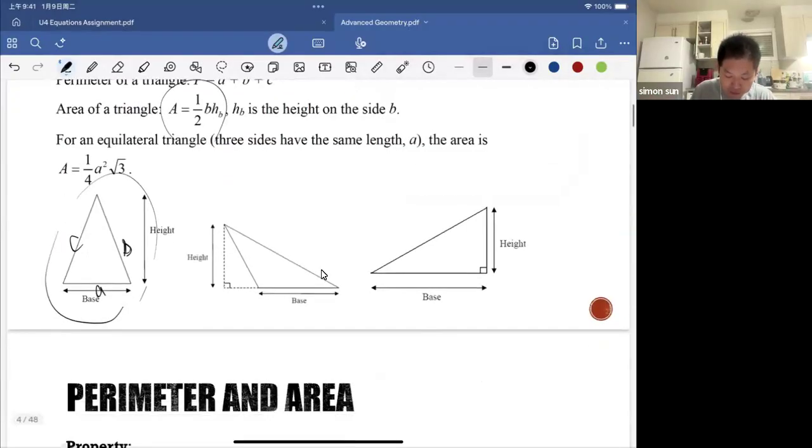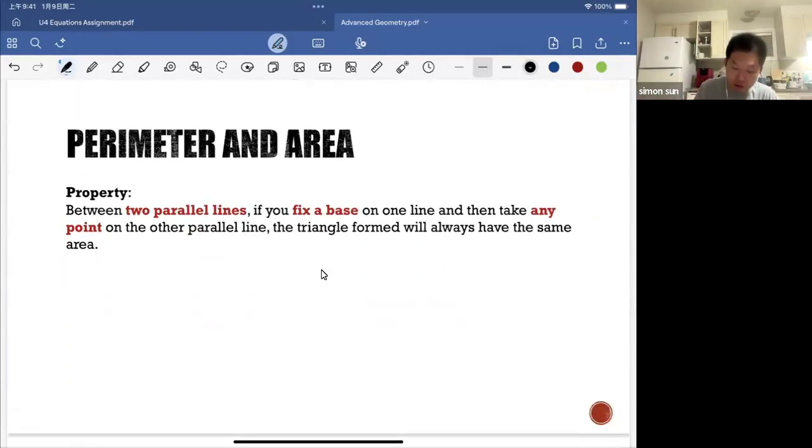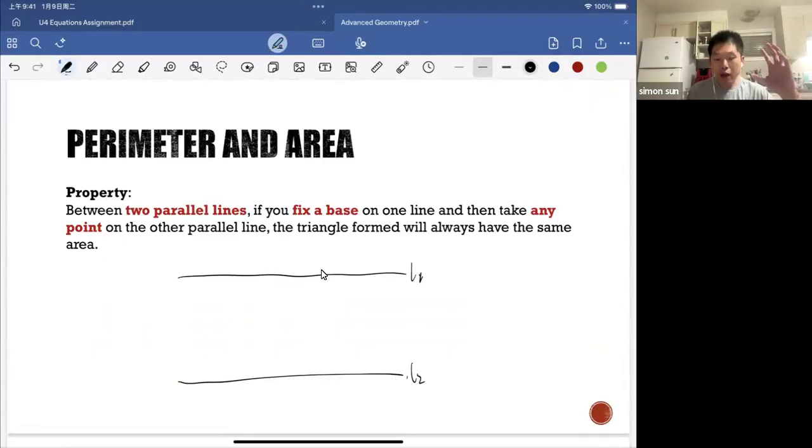Now, what about this? Imagine I draw two parallel lines, L1 and L2. L1 is parallel to L2. Now, if I have a fixed base on the second line, let's mark points A and B here.